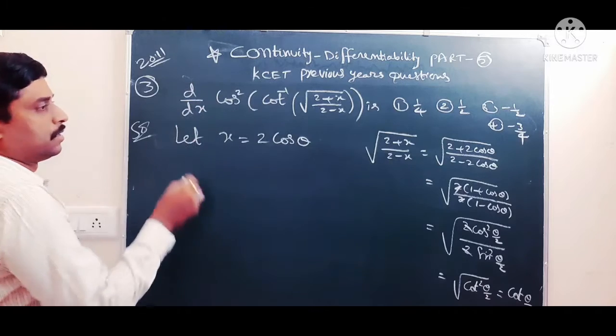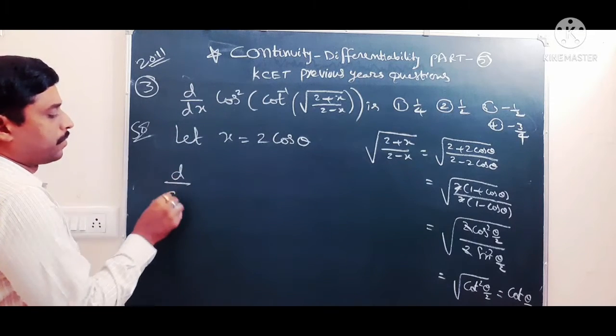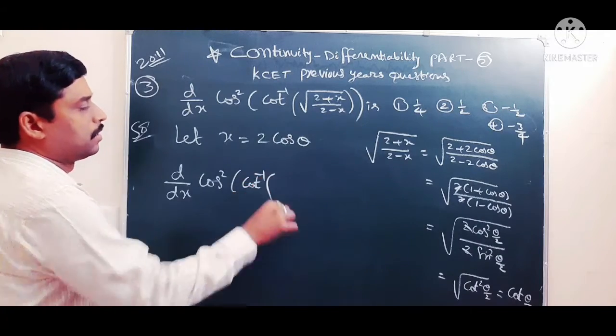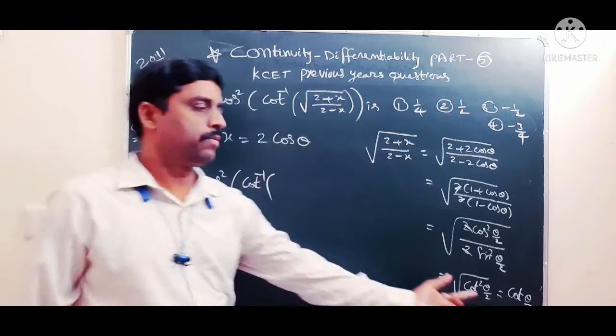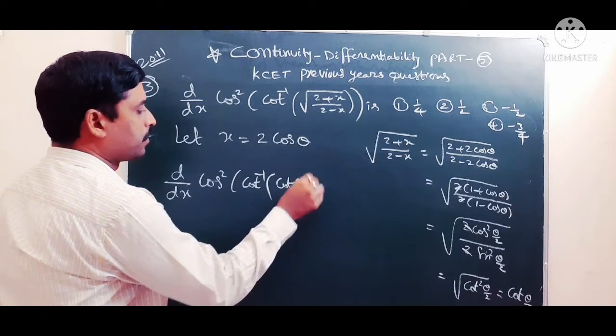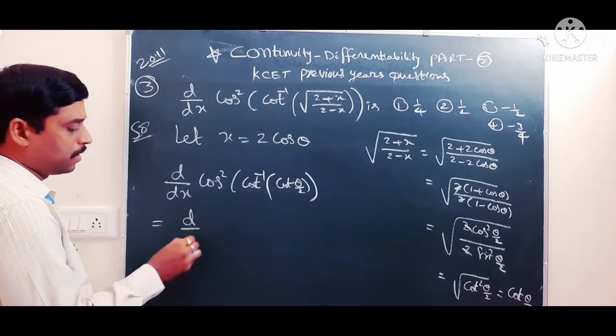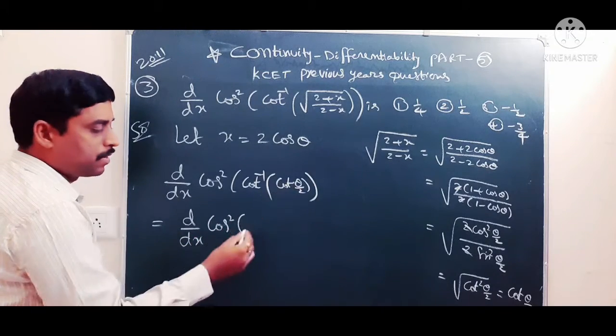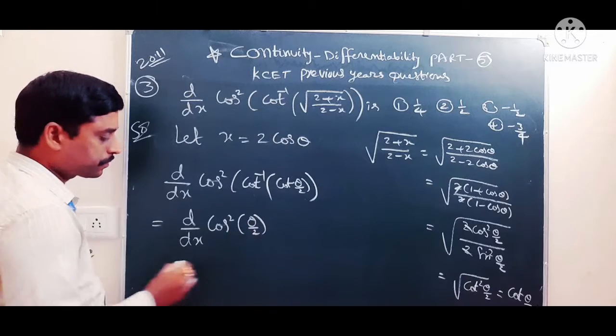So d by dx of cos square cot inverse, this value we got, cot theta by 2. Now cot inverse of cot theta by 2 is nothing but theta by 2.